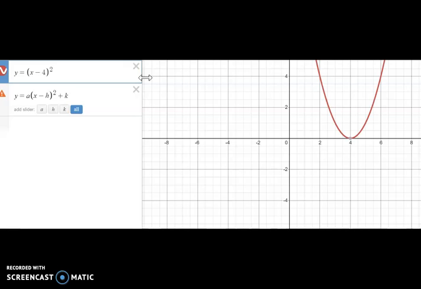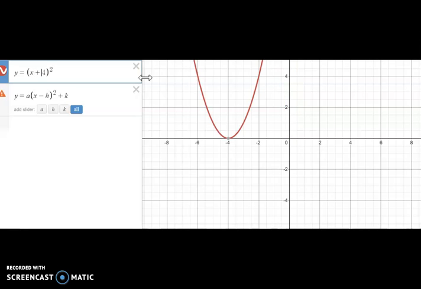I hope you see that when there's a minus there, it's graphing it at positive 4, which is what we wanted to do. Because remember, it is a minus, but it's whatever the value of h is. So what do you think is going to happen when I put a plus here?